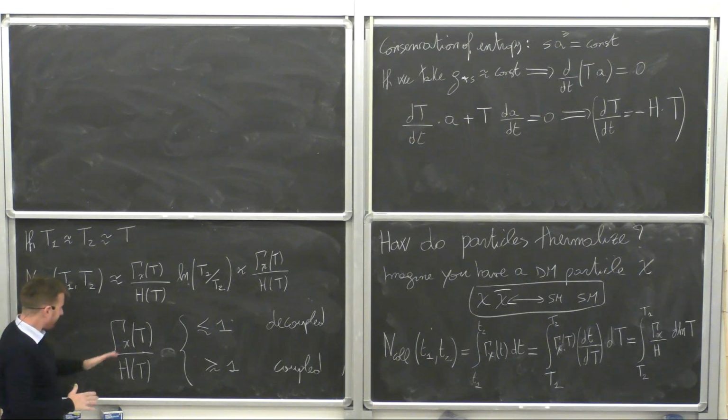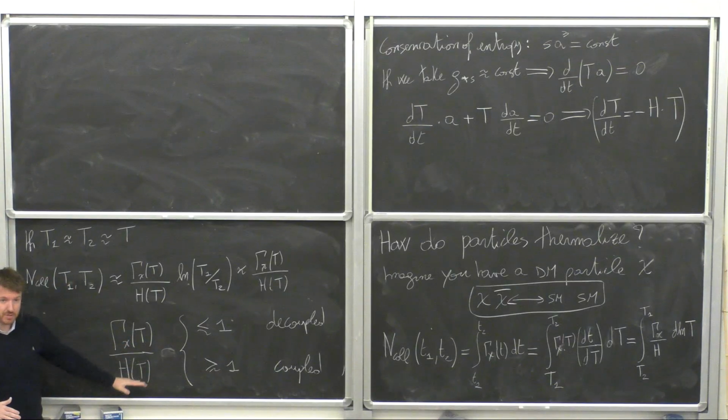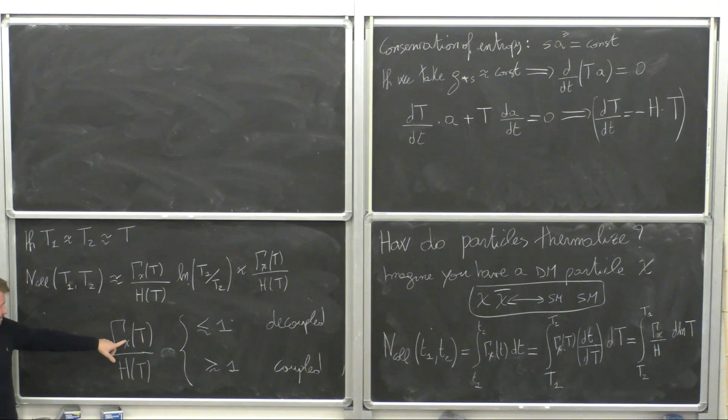Okay, so this ratio here, which is an inequality between 2 time scales, will be our guideline until the end of this hour to decide if particles are coupled. This will be our guiding principle.